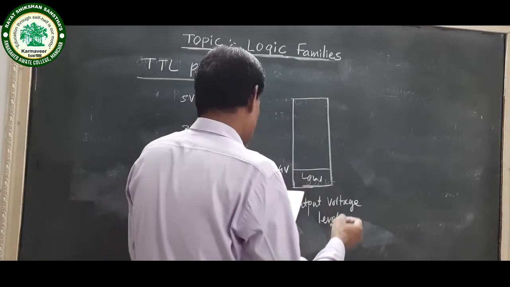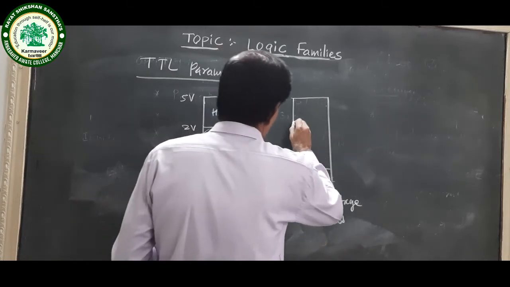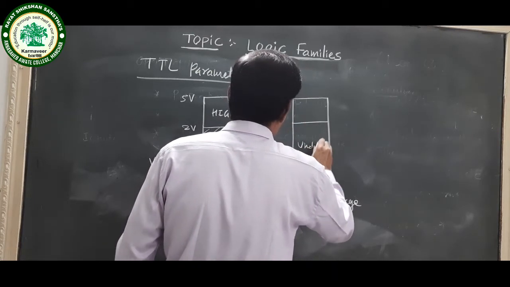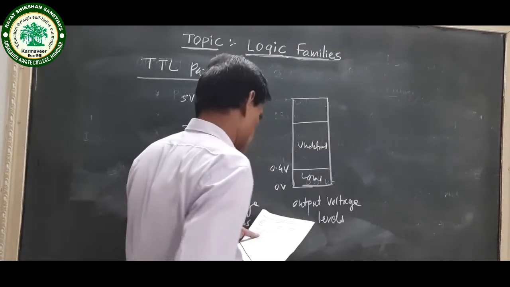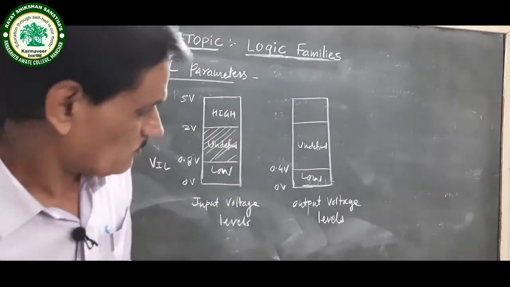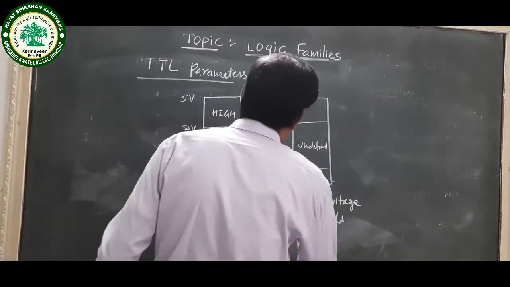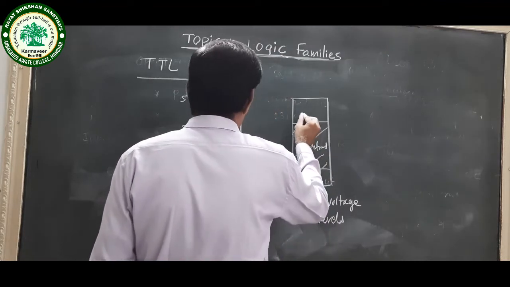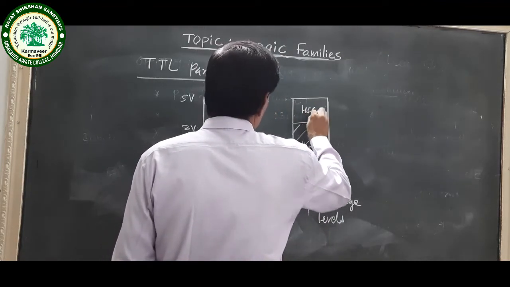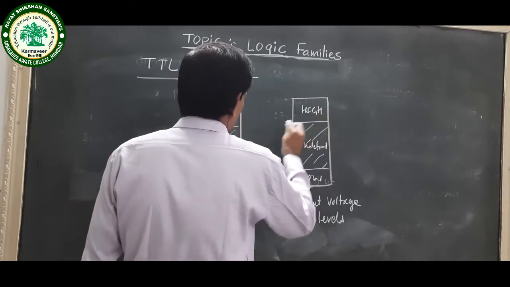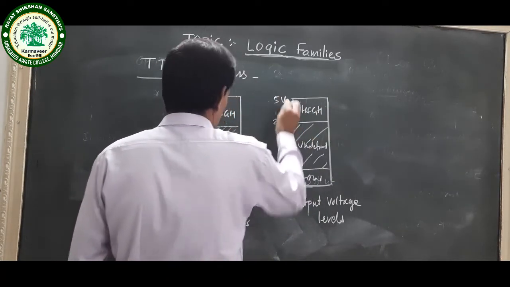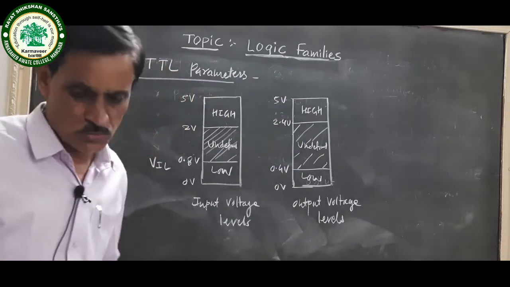Here there is an undefined region, undefined or illegal, invalid. Better to call it an invalid region. And here the output is treated as high. The range is 2.4 volt to 5 volt.